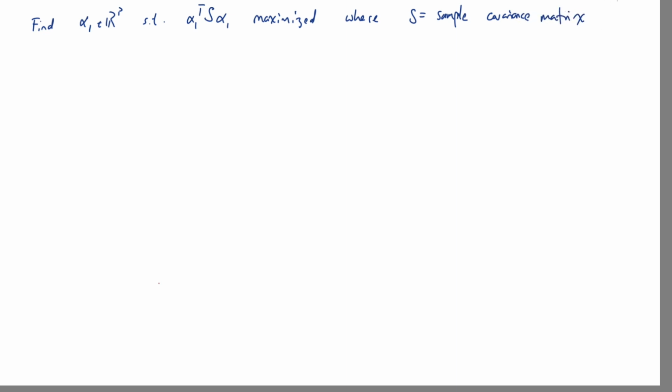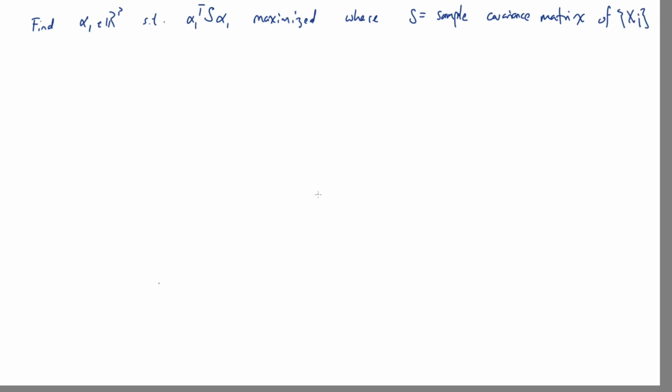Okay, we want to find alpha 1 in p dimensions such that alpha 1 transpose S alpha 1 is maximized, where S is the sample covariance matrix of the data points x1 to n.